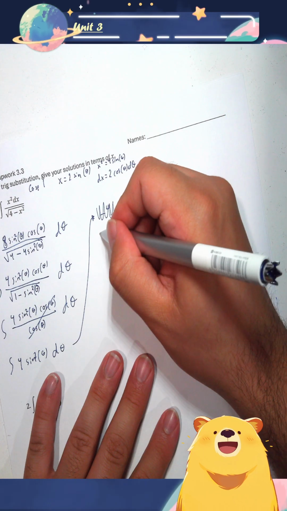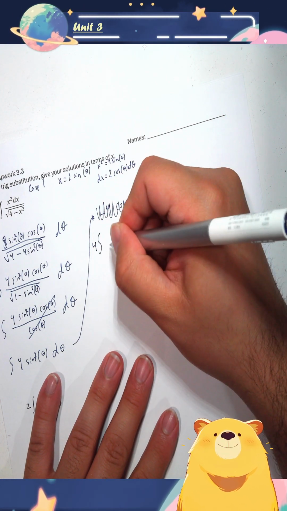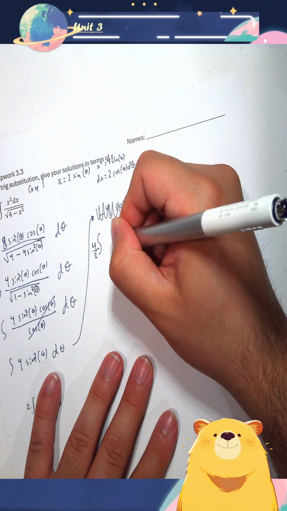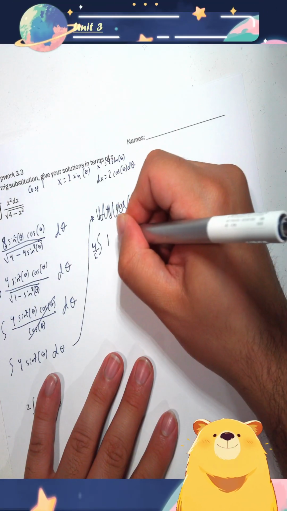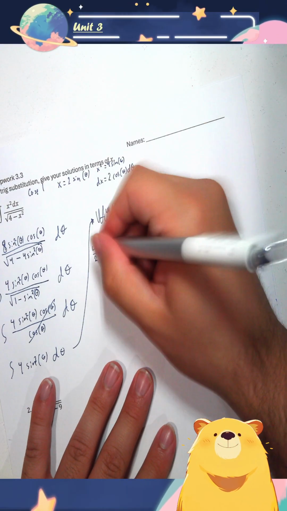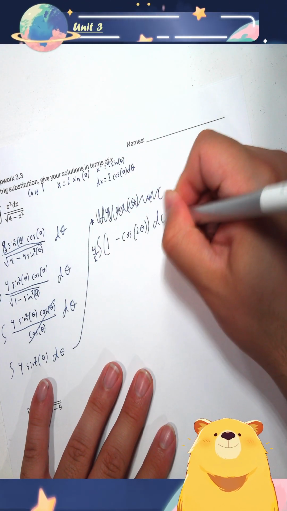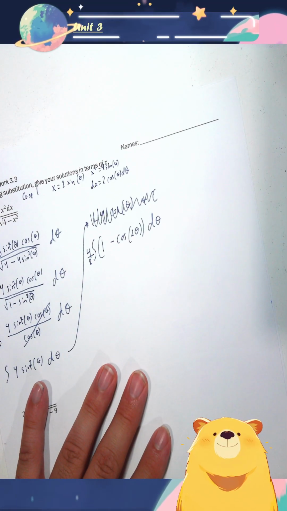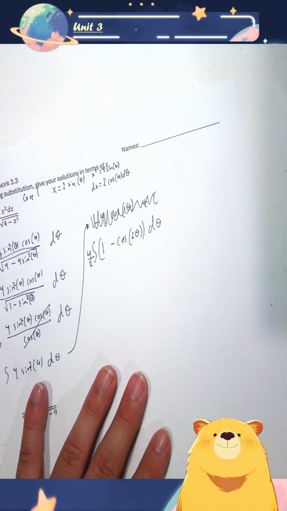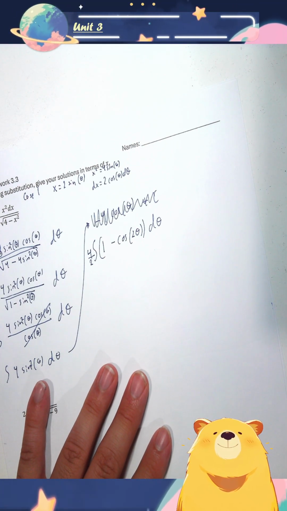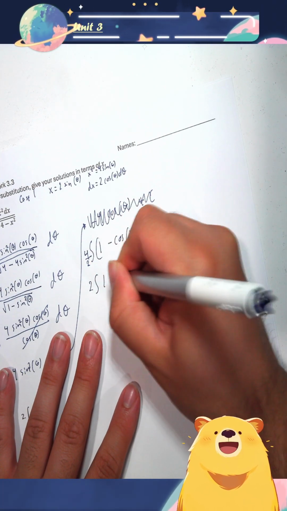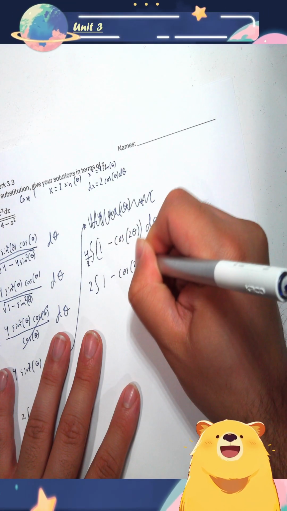So in that case, we would have to use a power reducing formula, which is the 1/2 escapes, 1 minus cosine of 2 theta d theta. And then we would simplify that to be 1 minus cosine of 2 theta.